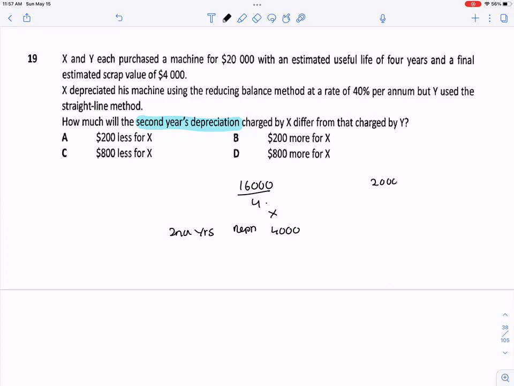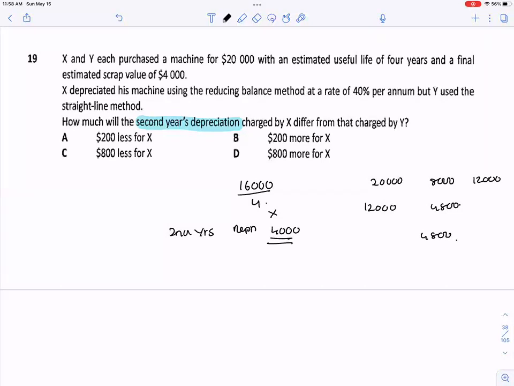So it would be 20,000 into 40%, 8,000. Then 12,000, 4,800. So second year depreciation is 4,800.